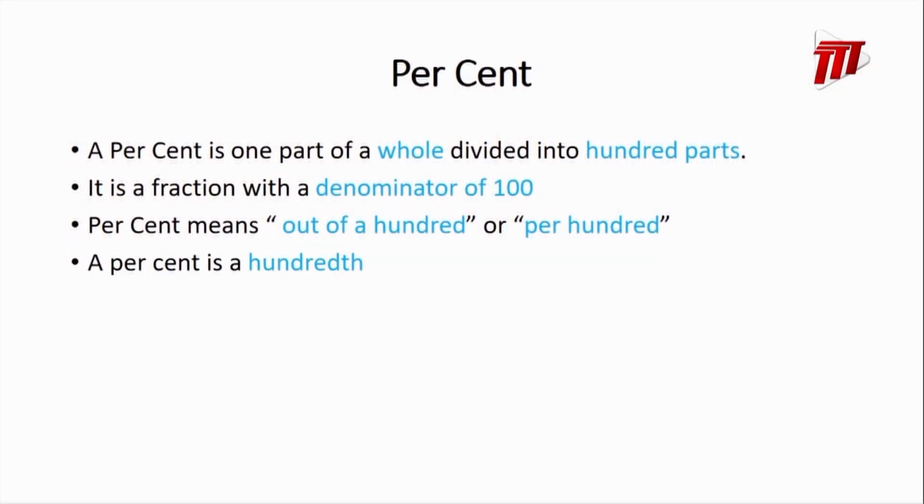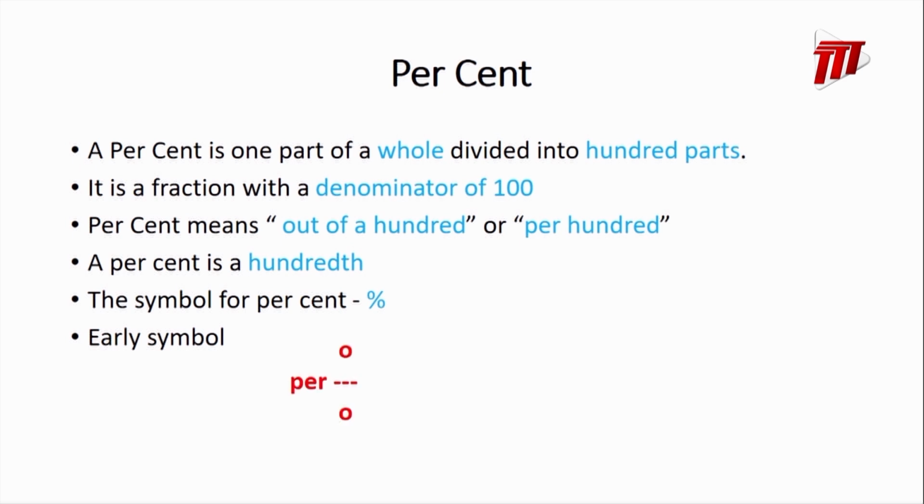We also saw a percent is 100th. So here we are linking the percent to the decimals. The symbol for percent is written like this, with 2, the circle, then the slash, and then the circle. But look at something very interesting. An early symbol was this. And this symbol was around the years 1600, 17th century.